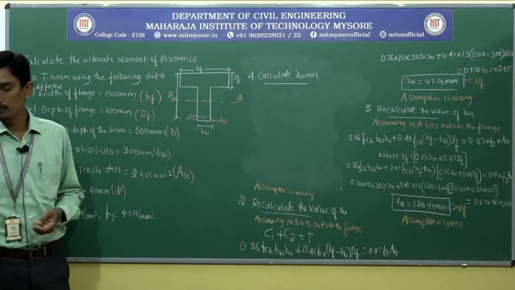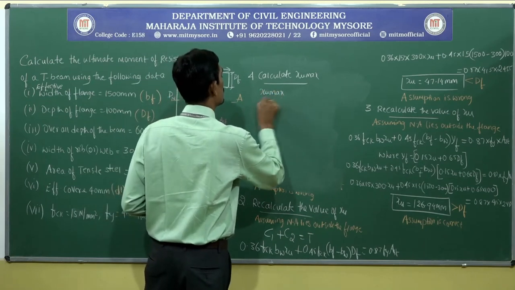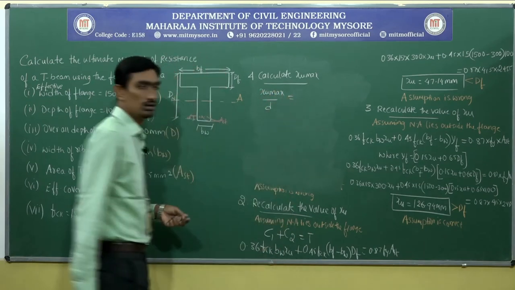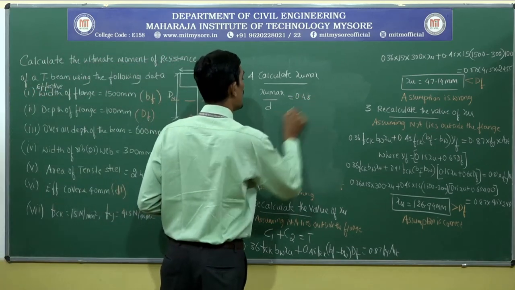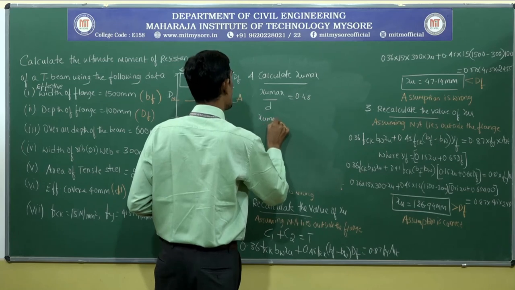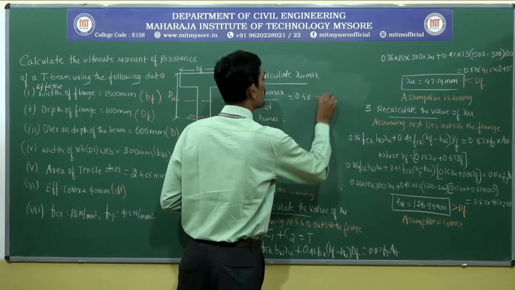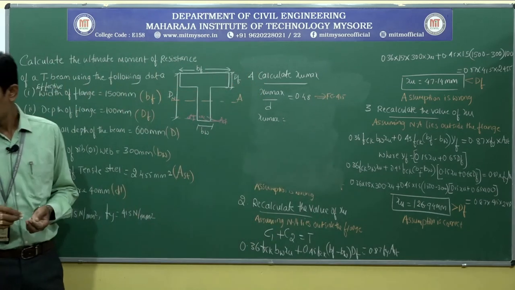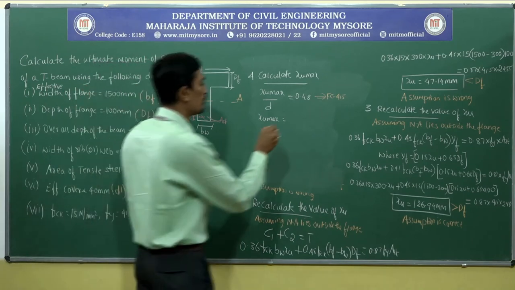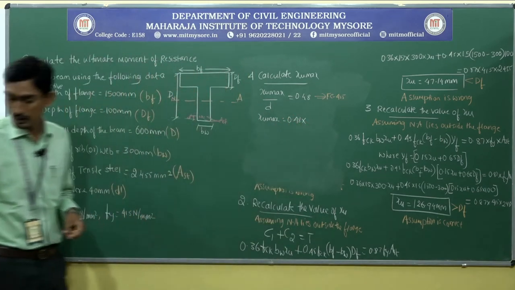How to calculate the XU max value? XU max by D is equal to, for Fe415 steel, 0.48. Cross multiply once again. This condition holds good for Fe415 steel. So XU max equals 0.48 into effective depth.